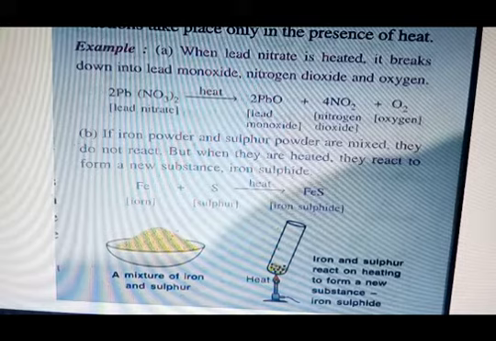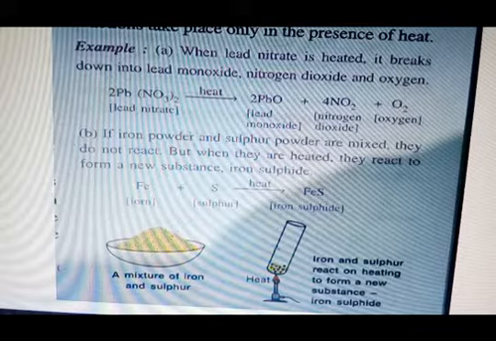But if you take this mixture in a test tube and heat it, then iron and sulfur react on heating to form a new substance, that is iron sulfide. And in order to make sure that the chemical reaction has taken place, you can bring a magnet near this iron sulfide and you will see that iron will not get attracted towards the magnet, because now iron has lost its magnetic property, because entirely a new substance with entirely different properties has been formed now.